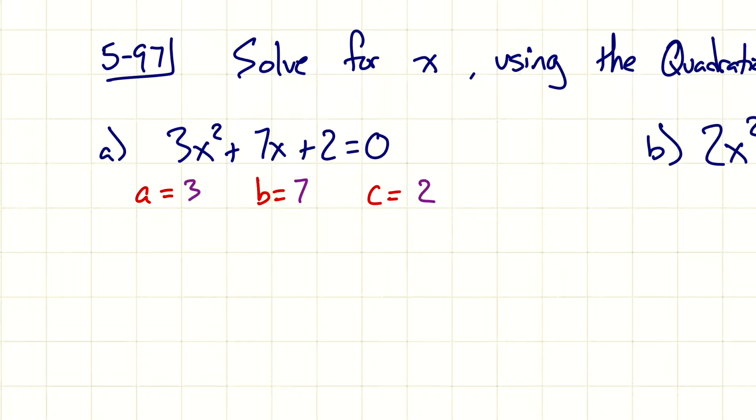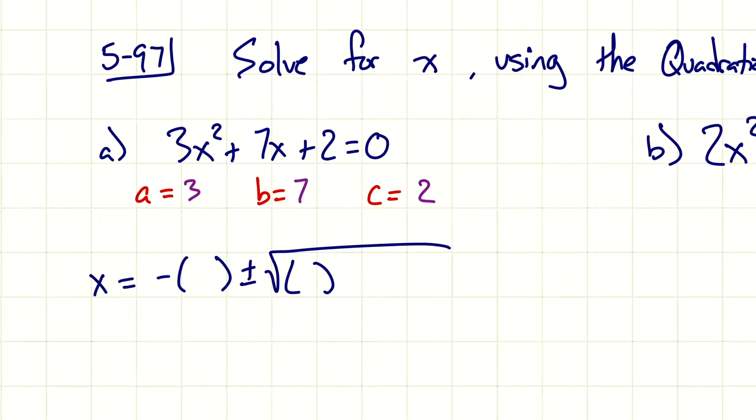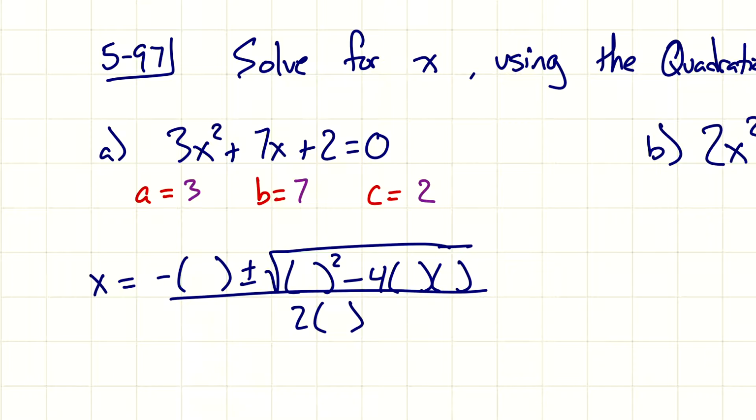All right, so let's set up our formula. This is how I like to do this: negative something plus or minus the square root of something squared minus 4 times something, all over 2 times something. This is a good way to start, and all you have to do is plug in your numbers at this point.